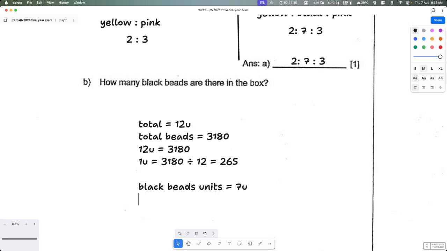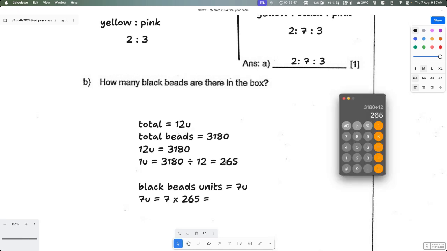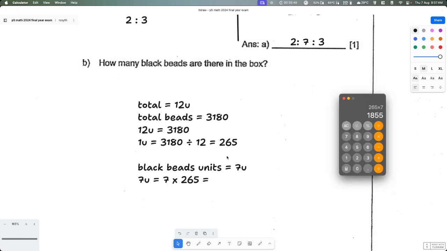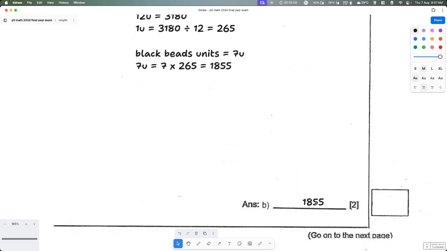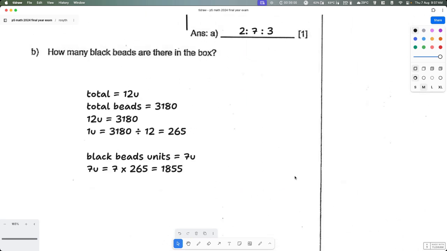And then 7 units is equal to 7 times 265, multiply by 7, 1855. Okay, there you go. So the answer is 1855. Okay, let's move on to the next question.